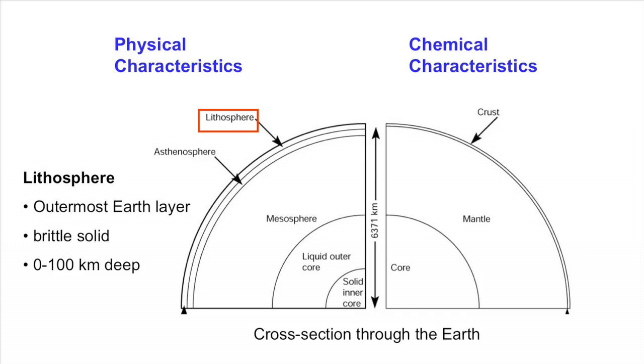There are two ways to look at a cross-section through the Earth, and it would have a slightly different structure depending on what we choose. First are the chemical characteristics. The main components of interest here are the outer crust and the mantle. The core is at the ultimate center of the Earth. We're going to concern ourselves just with the mantle and then the crust on the outside.